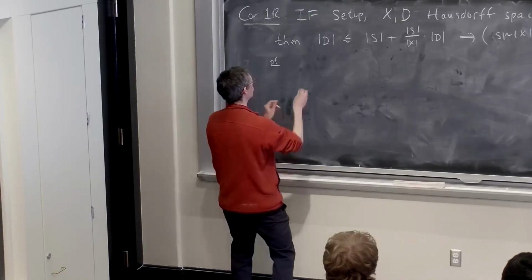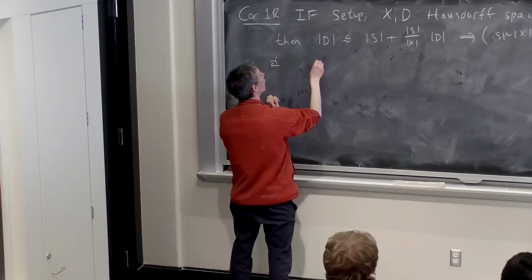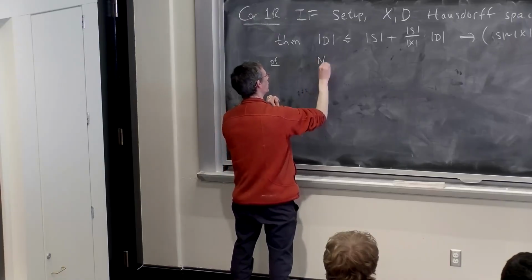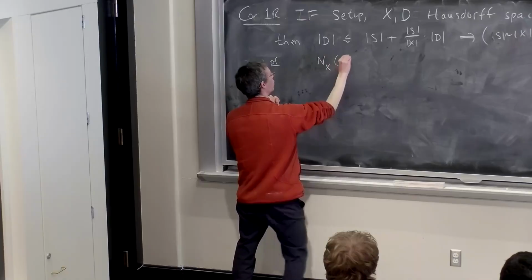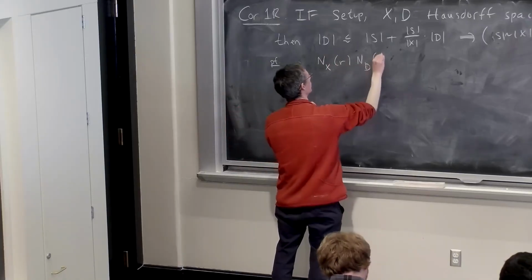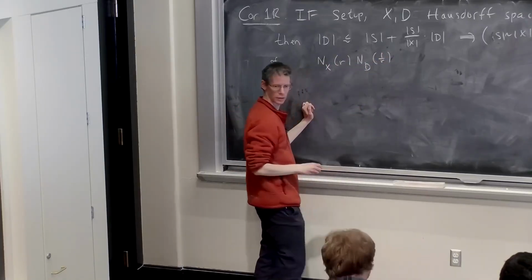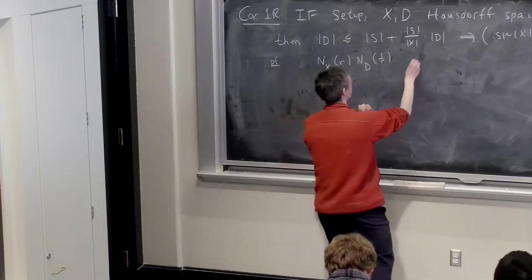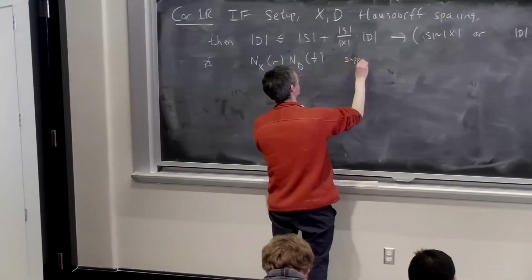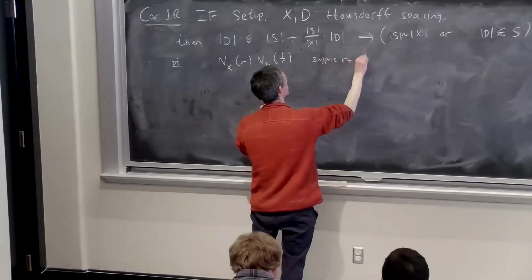OK, so what's the proof? Well, we're going to have an expression like nx of r nd of 1 over r. And so now let's suppose that little r is big R to the beta.